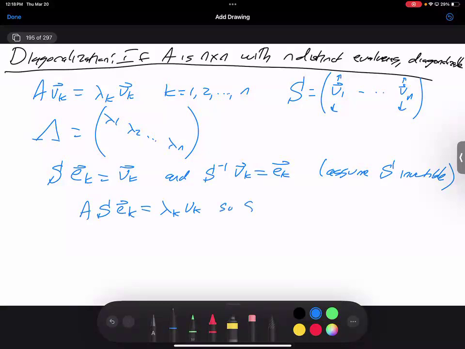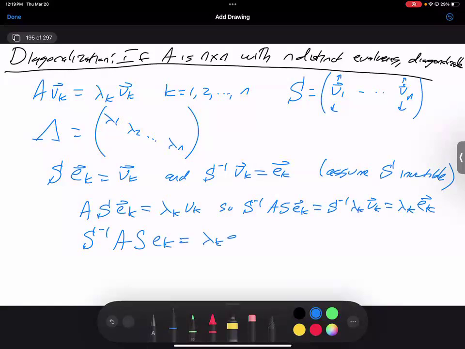Then S inverse AS Ek is S inverse of lambda k Vk, which is lambda k S inverse of Vk, which is just lambda k Ek.